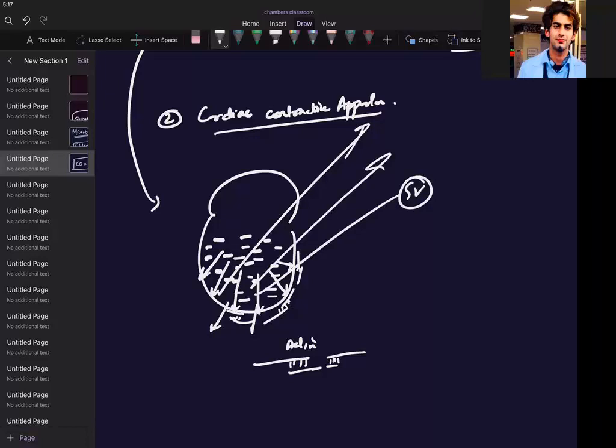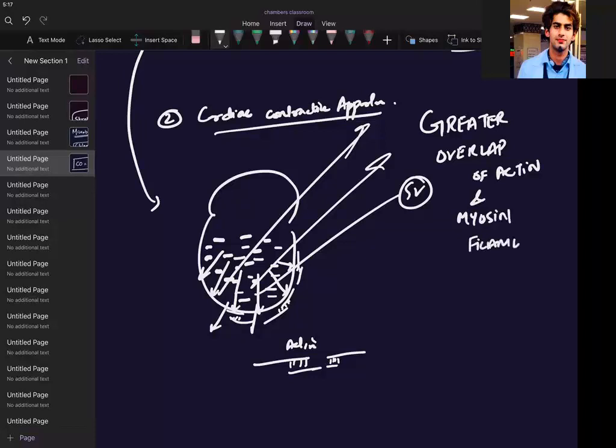That end diastolic volume is producing a stretch on the ventricular myocytes, leading to greater overlap of actin and myosin filaments. Are we clear, guys? This is important, and easy to understand.